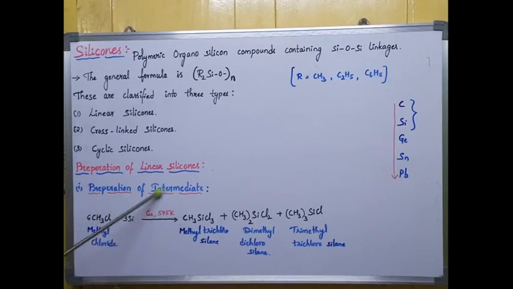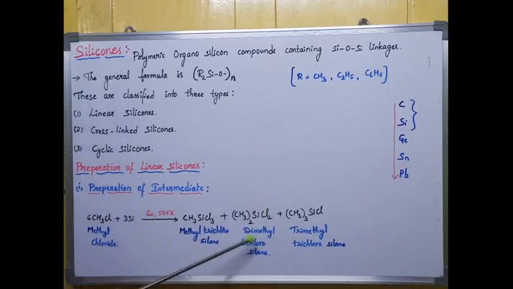This is a high temperature for this reaction, and these molecules combine and produce three different products: methyl trichlorosilane, dimethyl dichlorosilane, and trimethyl chlorosilane. Among all these, dimethyl dichlorosilane is the major product.